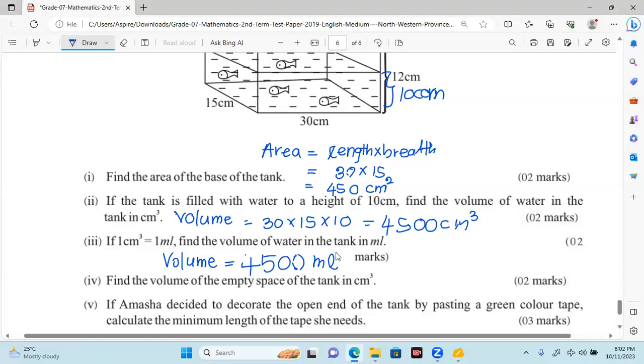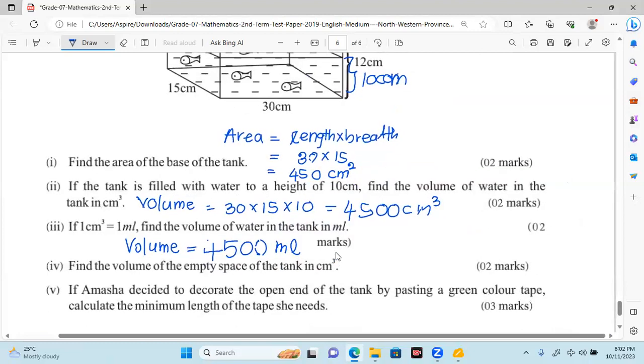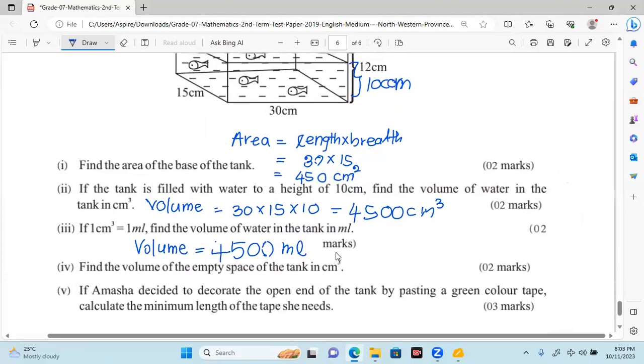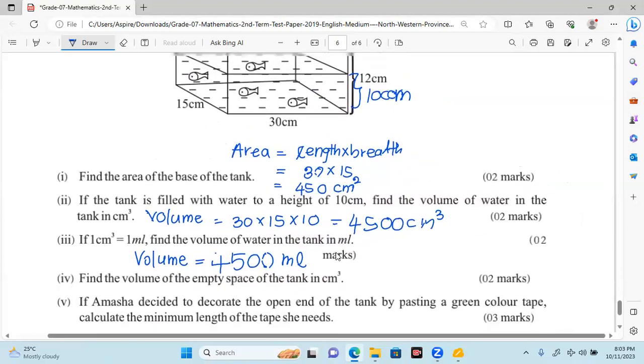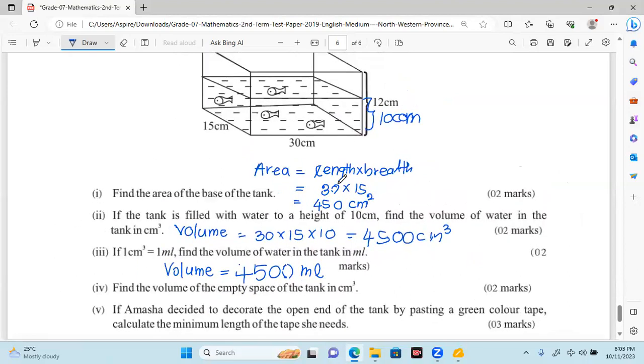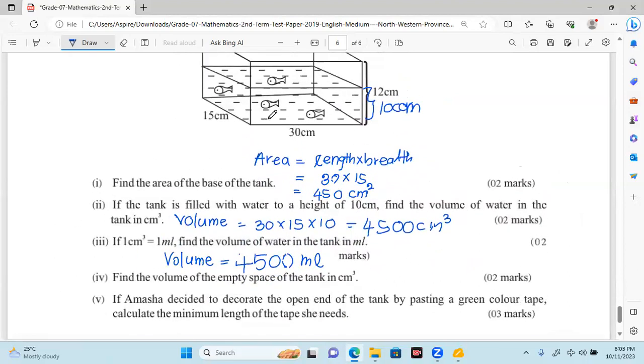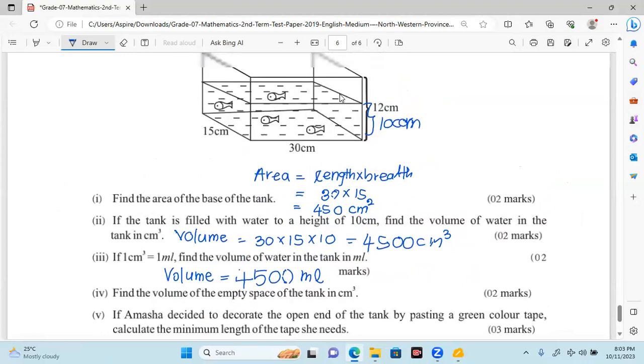Find the volume of the empty space of the tank in cubic centimeters. How do we find the empty space? The length and breadth of the empty space are the same. Its height is 2 centimeters.